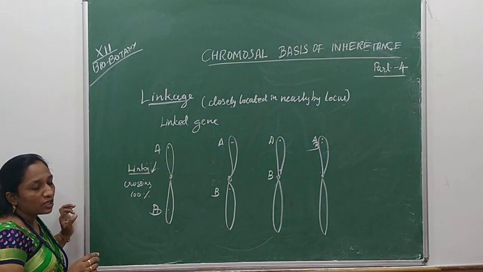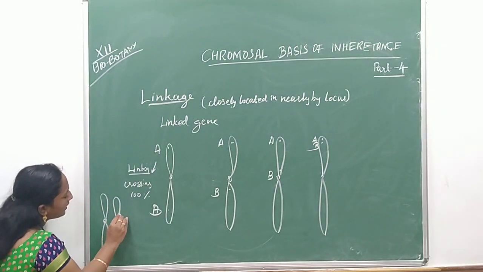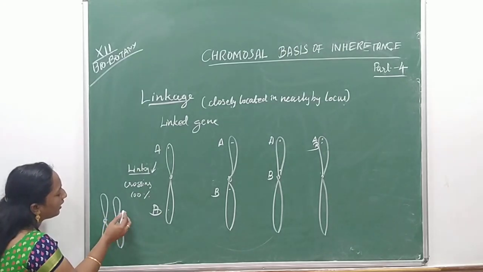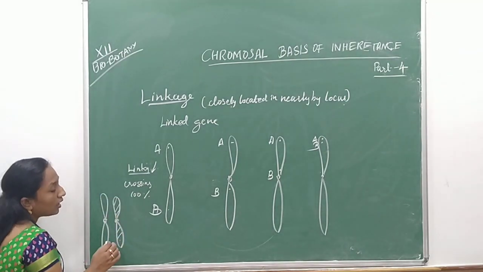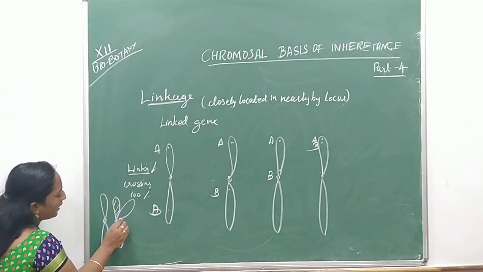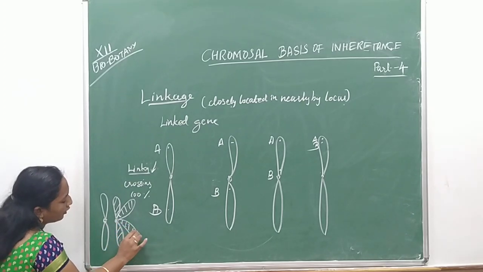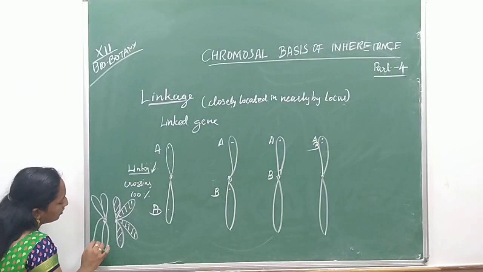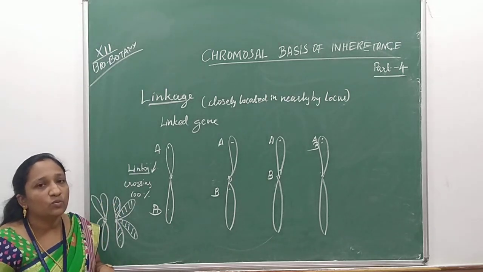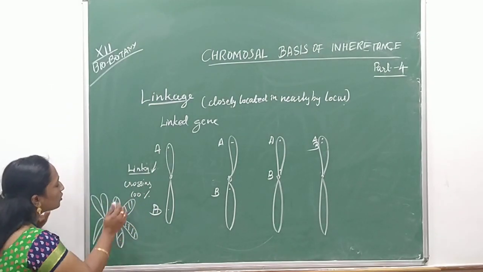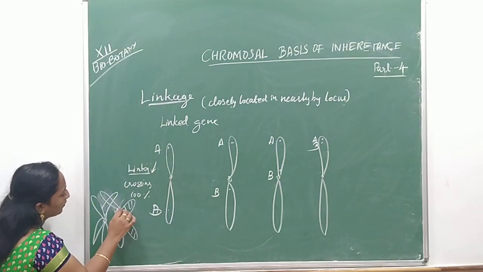So what is meant by crossing over? It is an exchange of chromosomal material, and the genes get recombined. We are going to learn today what is called recombination and crossing over. The exchange between non-sister chromatids is called crossing over. This arm crosses with this arm.